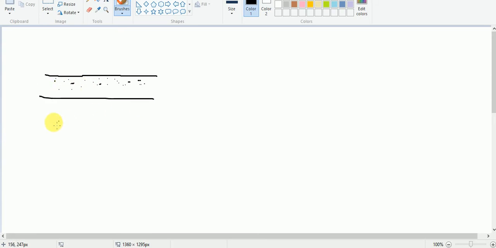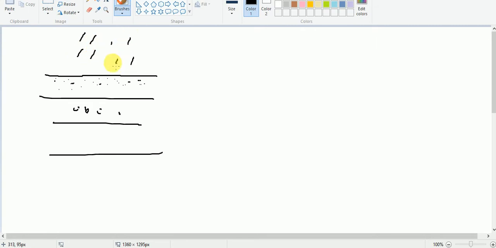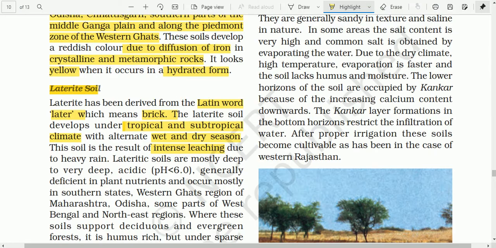Then after that you will find the other horizons, B horizon, then C horizon, and so on. So in the areas of heavy rainfall, say for example rainfall is going on here, this topmost layer, that is the A horizon, contains a lot of nutrients. Lots of minerals and nutrients are found in the topmost layer.